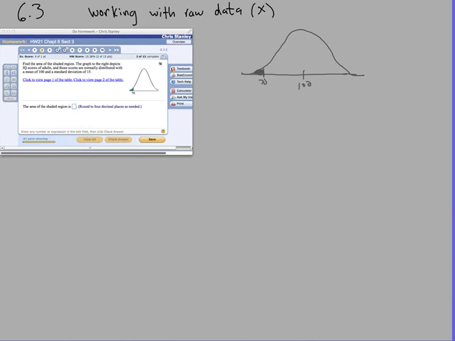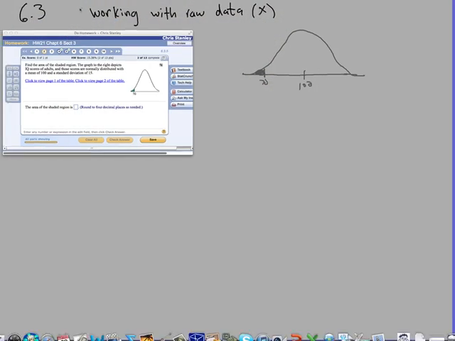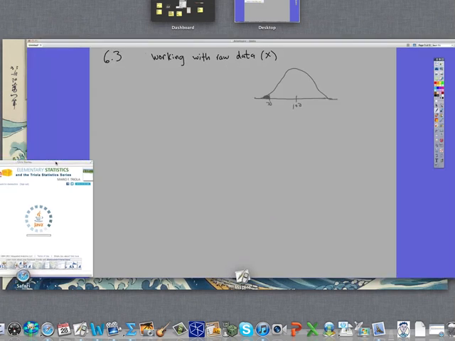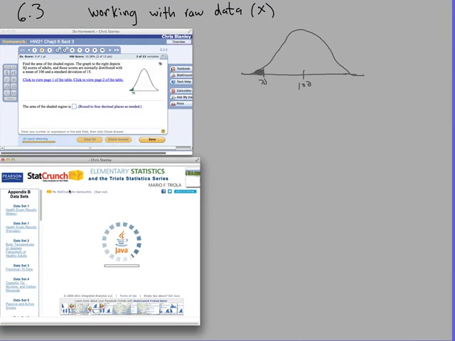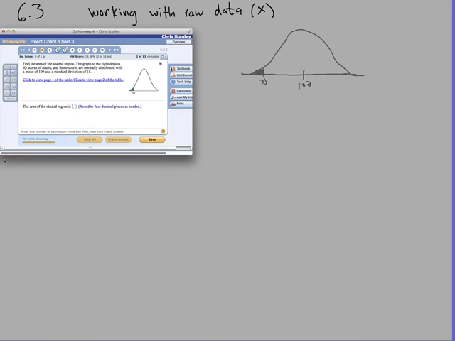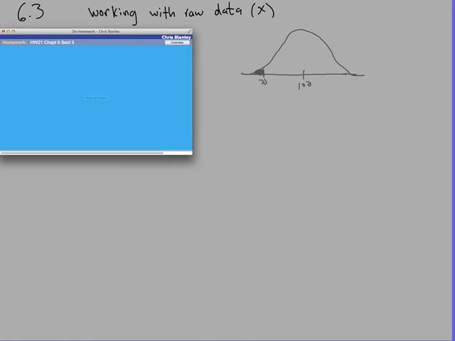Oops, it disappeared. Okay, let's go ahead and get in it again. Looks like StatCrunch is taking a break.